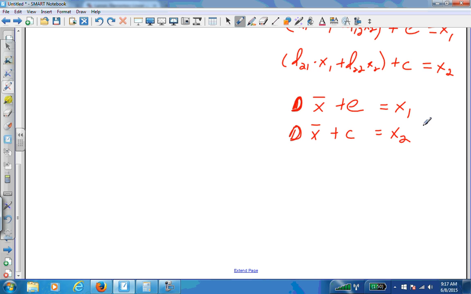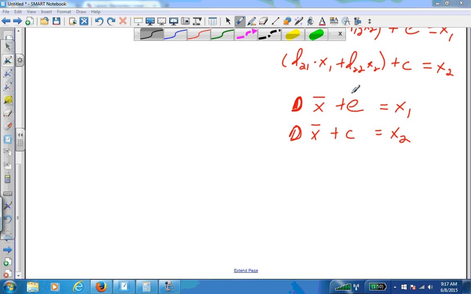So if we want to look at this as a system, we have one system of equations here, or one equation here, one equation here.